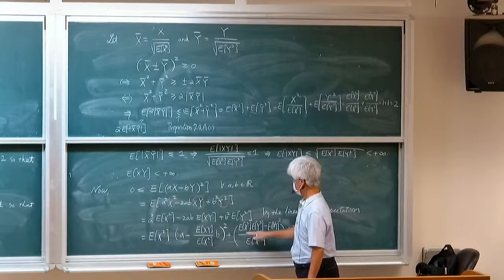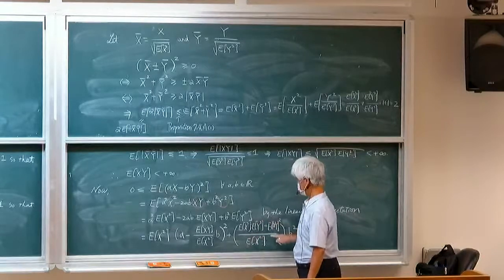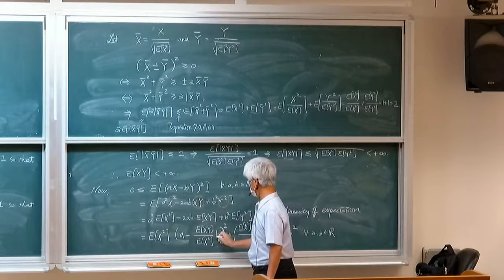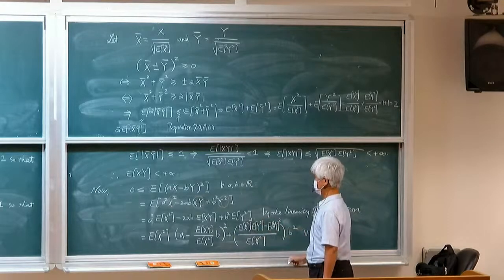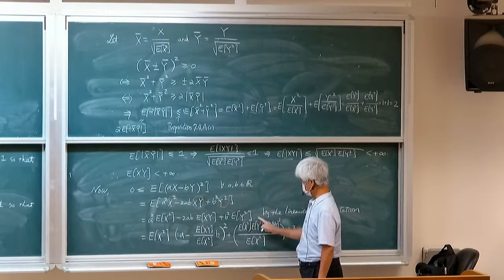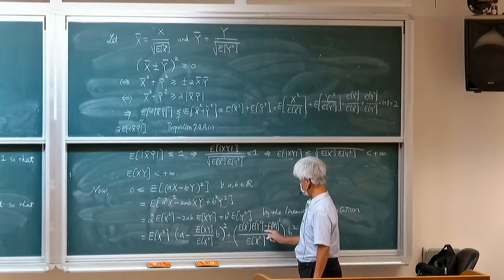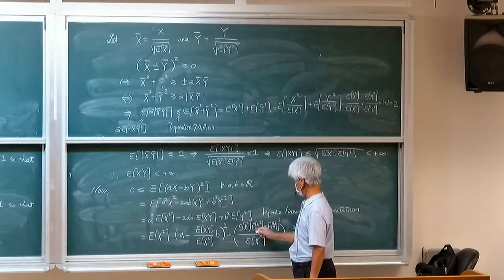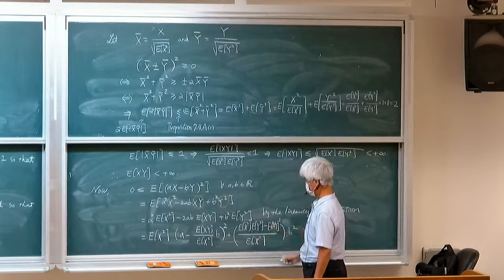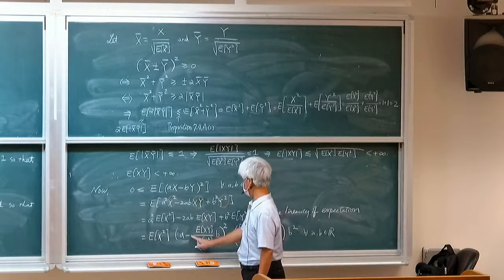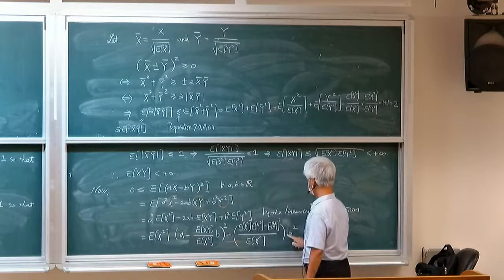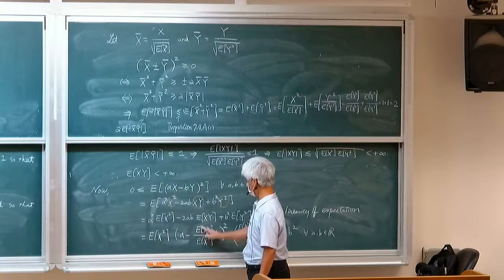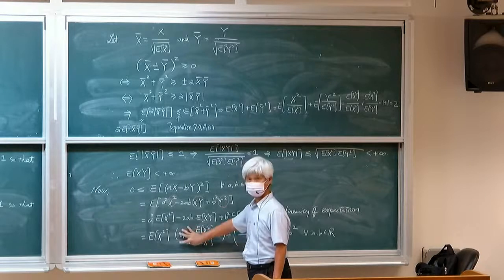So because a and b can be arbitrary, if the numerator of this one is negative, then for example, you can let a equal to b times this number, so that this is 0.